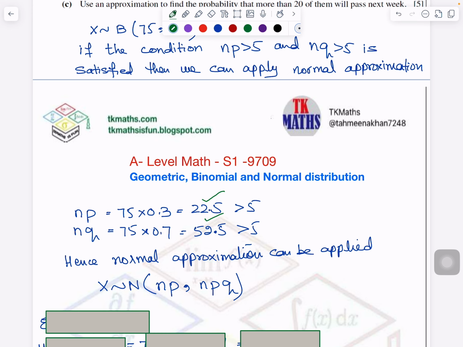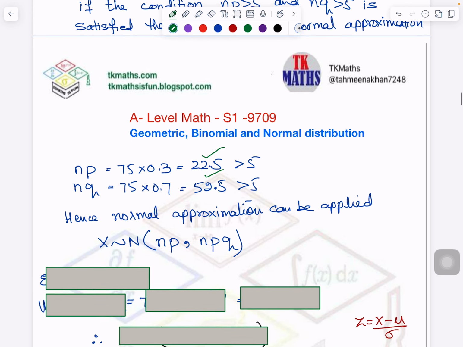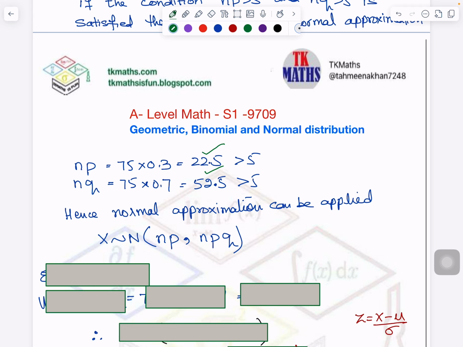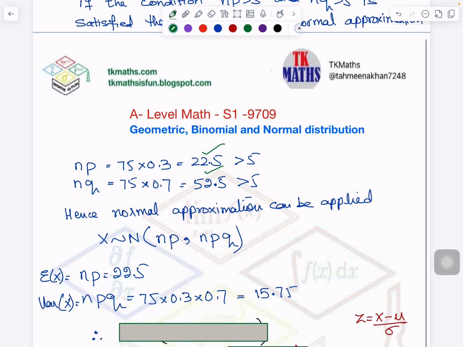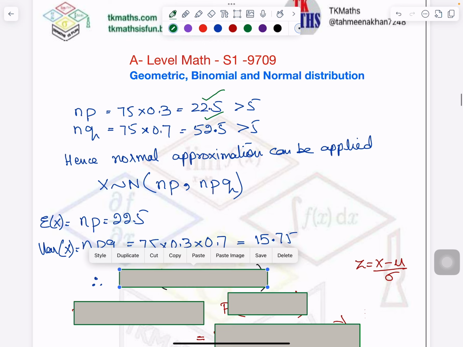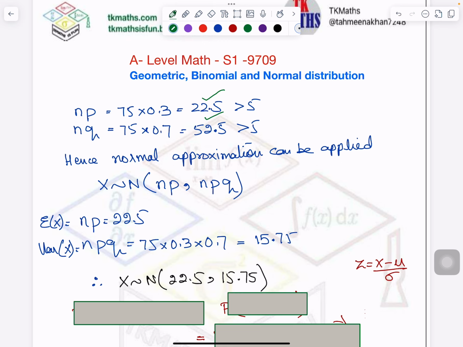So now for normal approximation, your distribution will be N(np, npq). So now you have np already, which is 22.5, and now you will calculate npq also. q is what? 0.7. And you will get the answer. So now you have your distribution completely and you can solve the question.